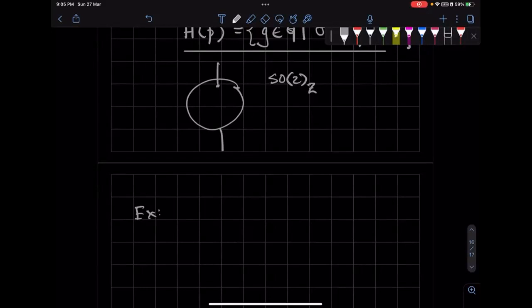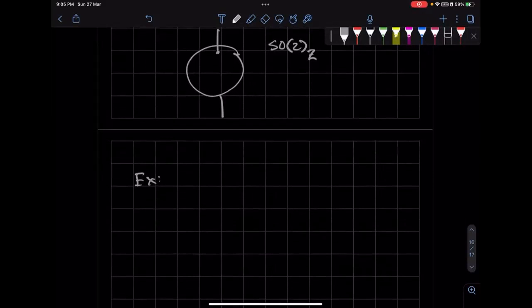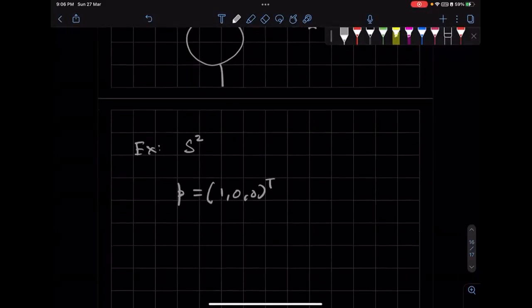Let me explicitly say what Fahim was saying. Take S2. Say the North Pole is a point, well, it doesn't have to be the North Pole, let's just take this point. I'm using Cartesian coordinates. It should be clear that P is a point on the two-sphere.